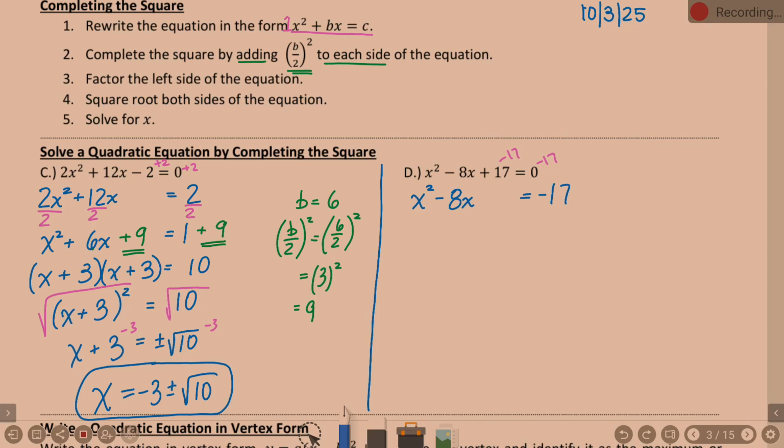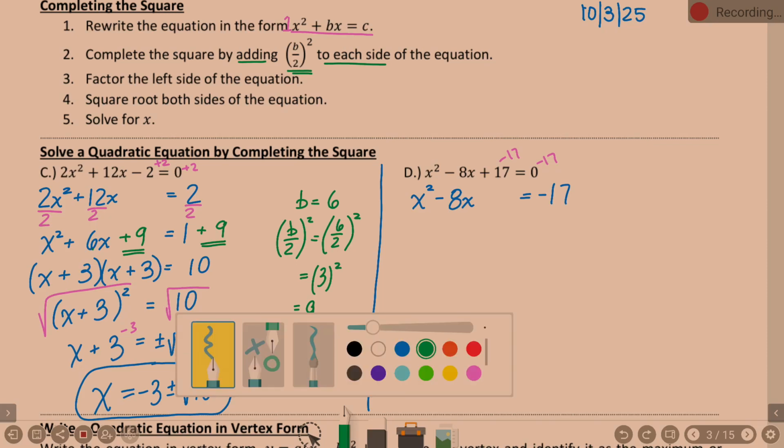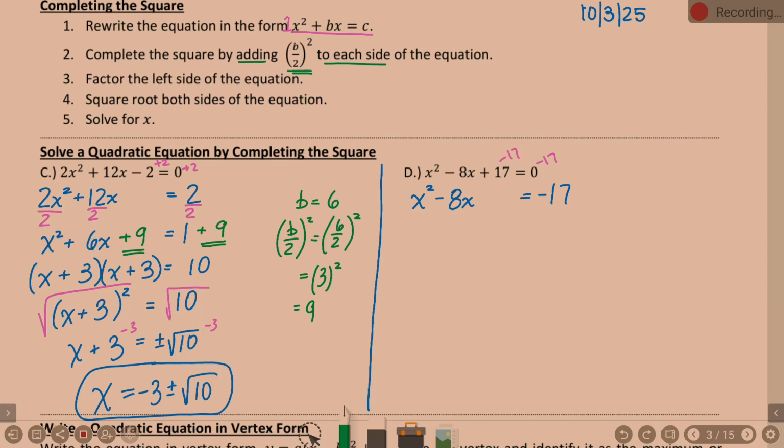Anything else to complete step 1? We already have 1x squared in this case, don't we? So we don't have to do a division step. Okay, step 1, check. Step 2. We need to figure out b over 2 squared.